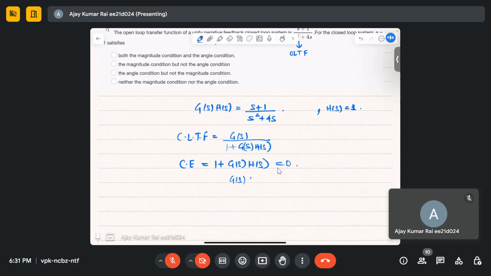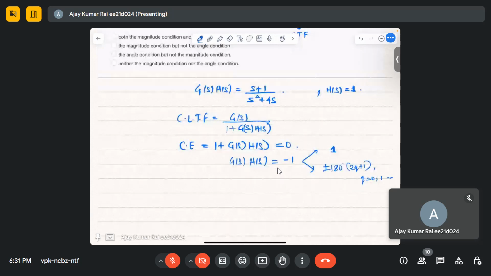And you know, GsHs equal to -1. So the magnitude is 1, and its angle is plus minus 180 degrees times (2q plus 1), where q is 0, 1, 2.